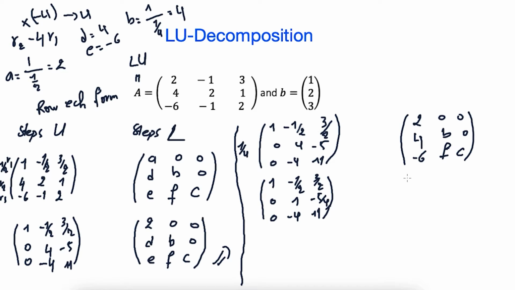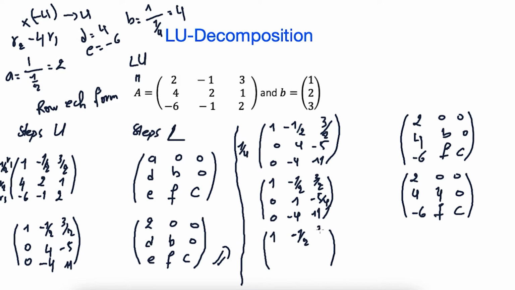So B here is 4, so this matrix is now 2 0 0 and 4, and B is 4, and 0 and -6, and we still want to get F and C. So to get F, we need to get 0 here, so this won't change anything in these two rows, and 0, 1, -5 over 4.